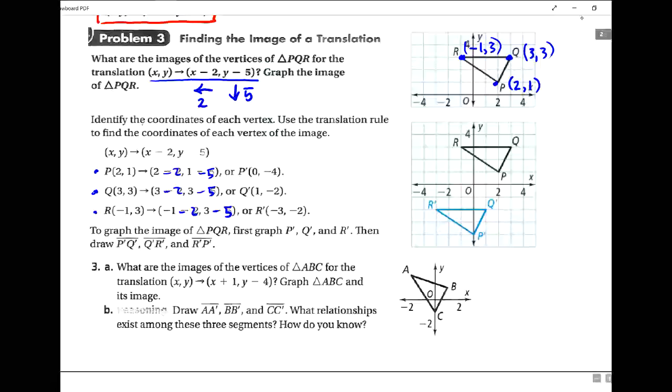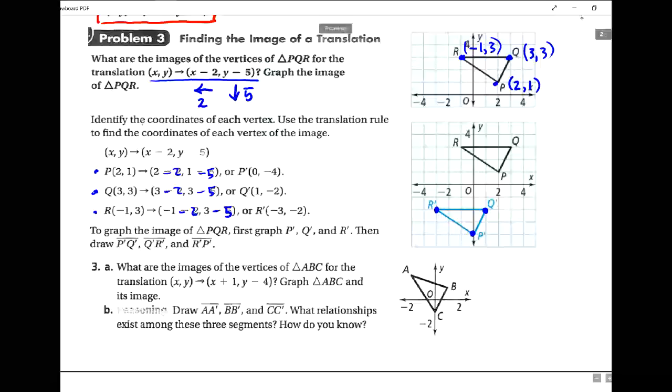P prime is over 0, down 4, Q prime is over 1, down 2, and R prime is over negative 3, down 2. And we have our new image.